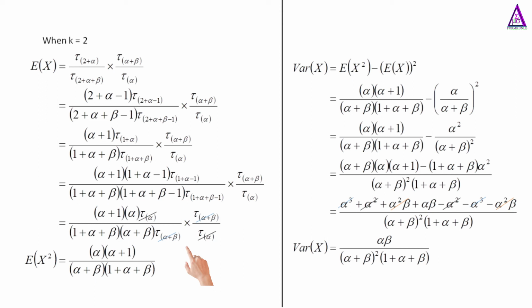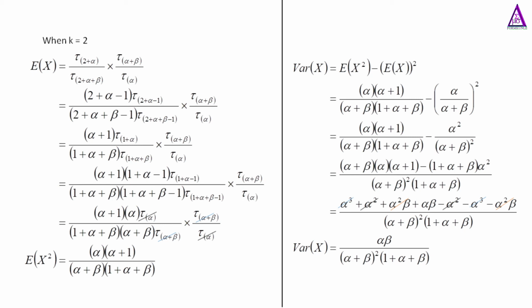subscript alpha plus beta divided by gamma subscript alpha. And when we cancel the ones that can cancel each other, we have expected value of x raised to power 2 equal to alpha into bracket alpha plus 1 divided by alpha plus beta, close the bracket, open bracket, 1 plus alpha plus beta.